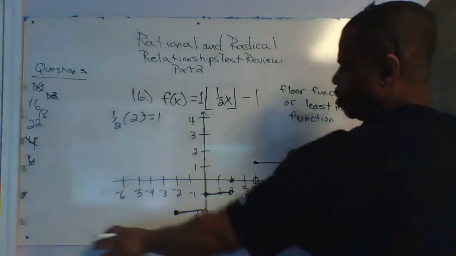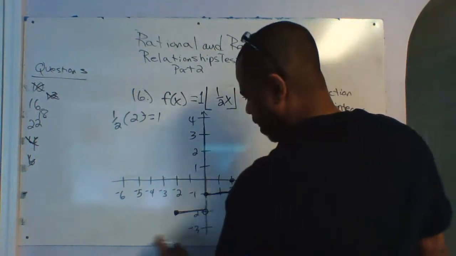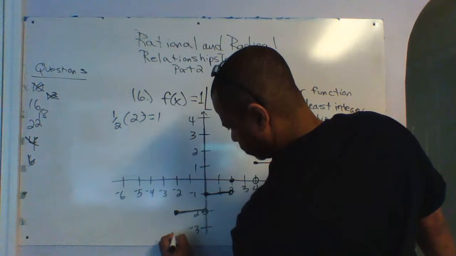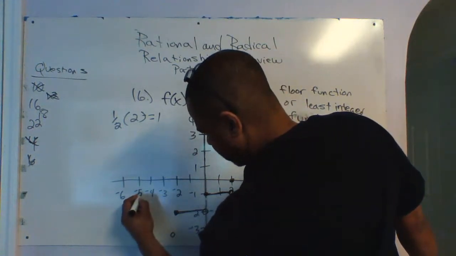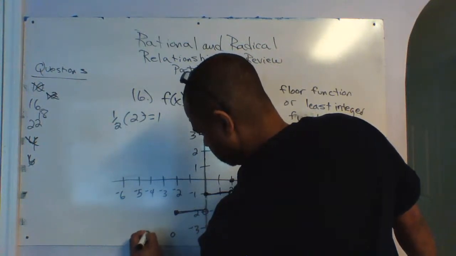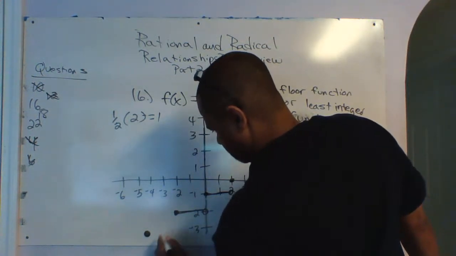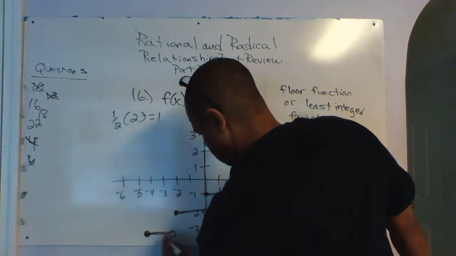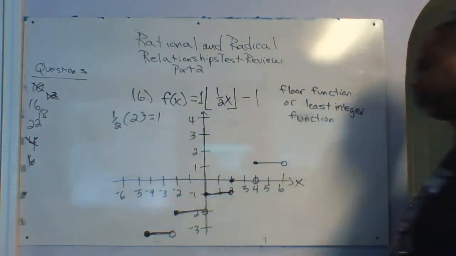You can just keep going if you want to. You could go down here, and this could be open. Then you do twice the work in the x direction. And that's your answer.